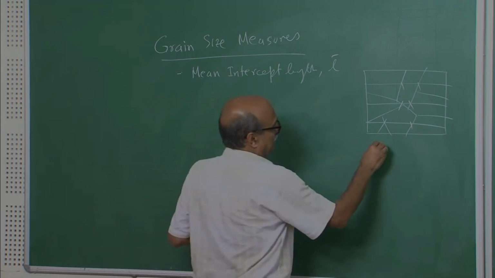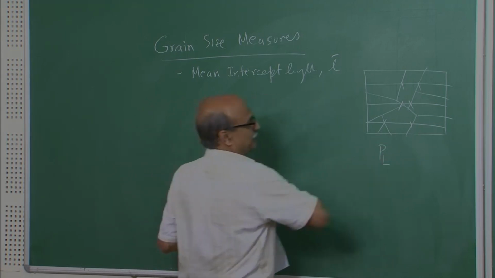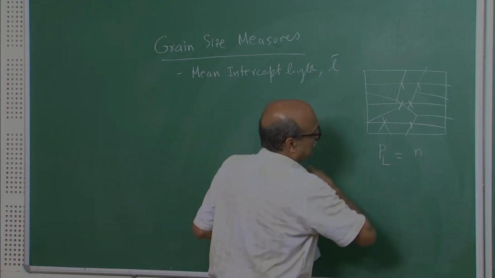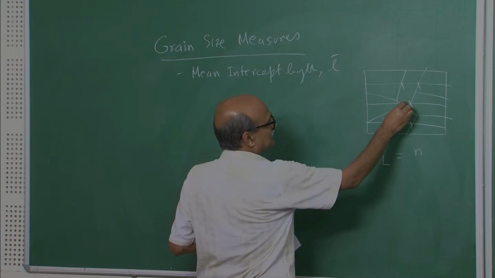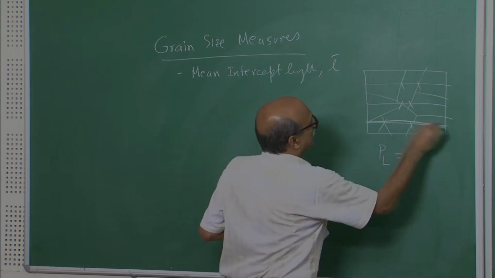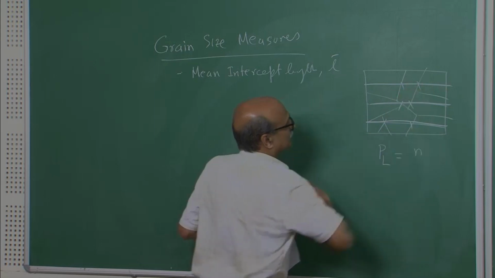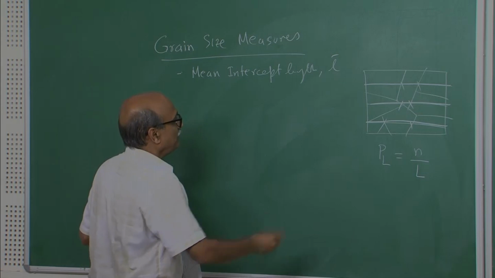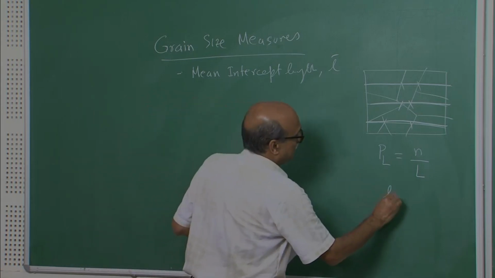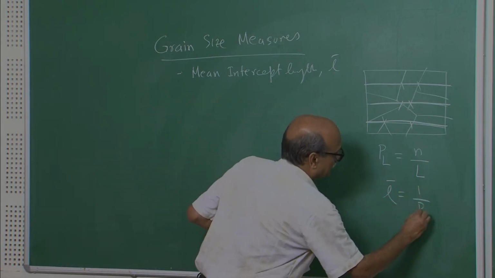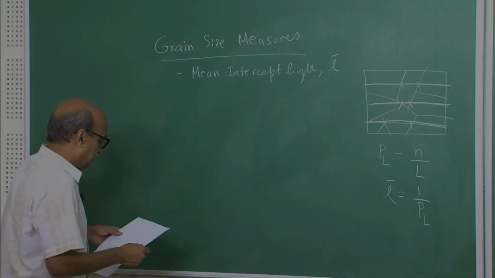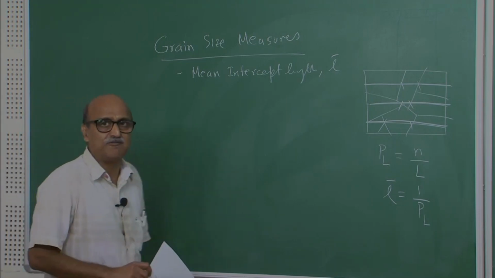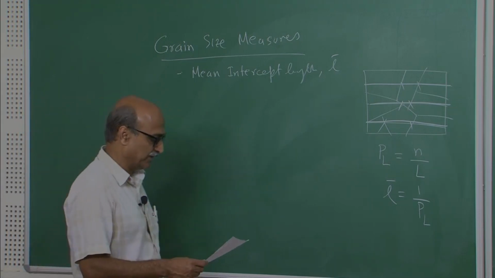And from that we obtained an intersection count per unit length, P_L, which is small n, the number of intersections that this grid of parallel lines makes with the grain boundaries, divided by the total length of the grid. From that we got a mean intercept length of 1 upon P_L. This is a very useful measure, and today a very commonly used measure of grain size.